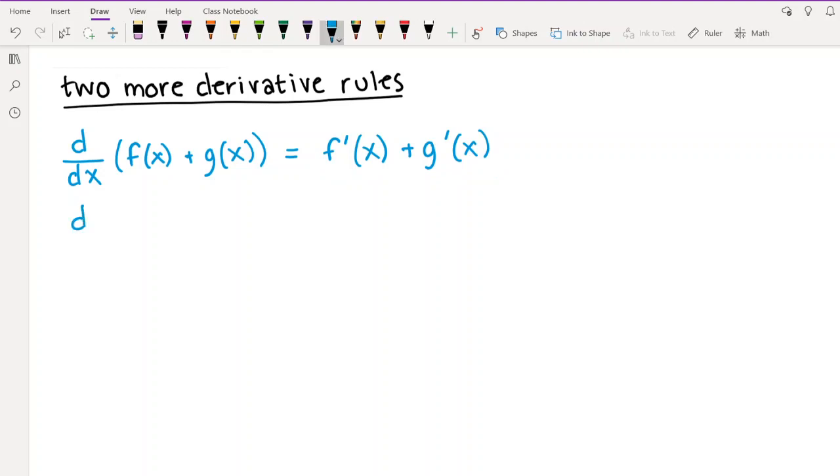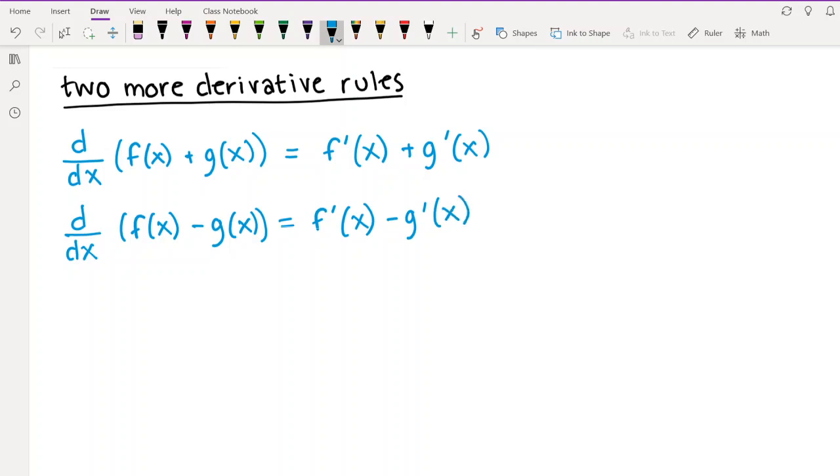On a similar note, the derivative of functions subtracted, same deal. So if you have two functions subtracted, you can take their derivatives separately. So why is this?